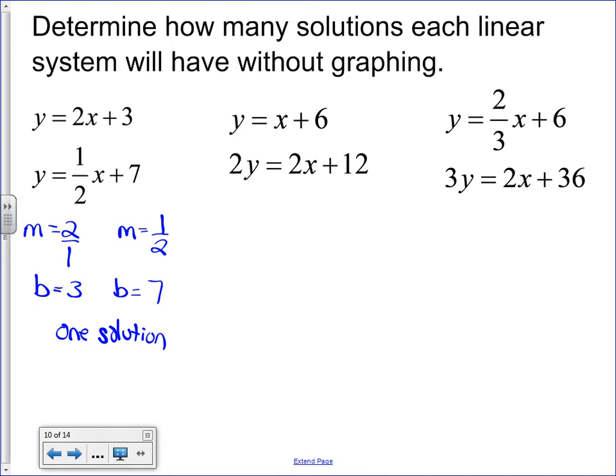Okay, this one here, what do I have to do? Curtis, what do I have to do to help me out with this second example? Okay. So what do I have to do here? I'm on the second example. My first equation is already rearranged into something that I like.